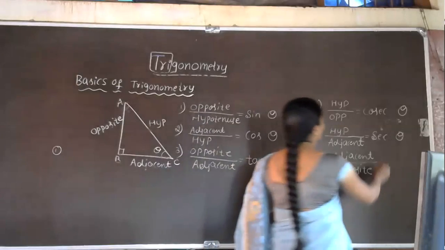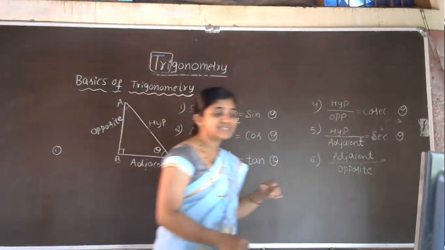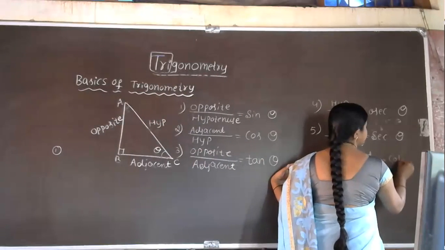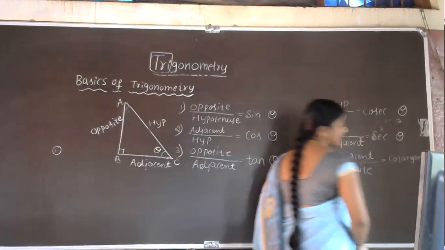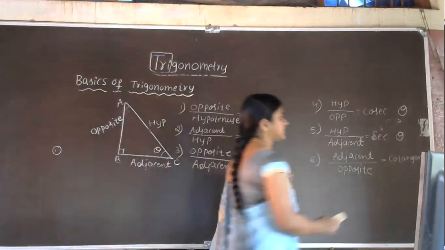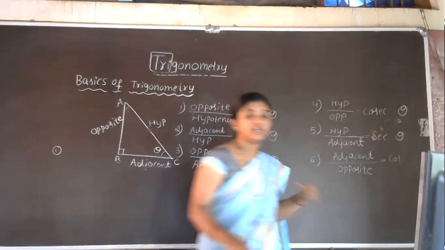Now, the sixth one, adjacent by opposite. What is this adjacent by opposite? That is cotangent theta. Cotangent theta. So here also we'll take the first three letters only. So in that we got the word cot, C-O-T, cot.